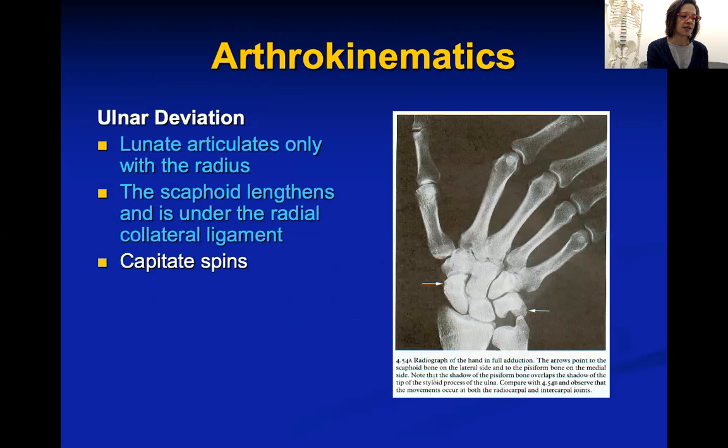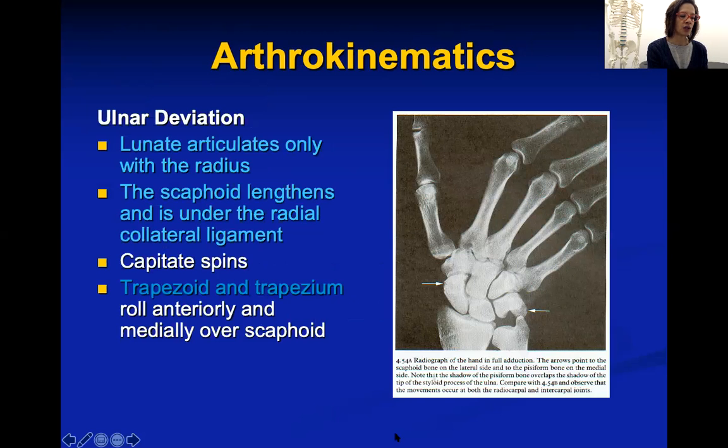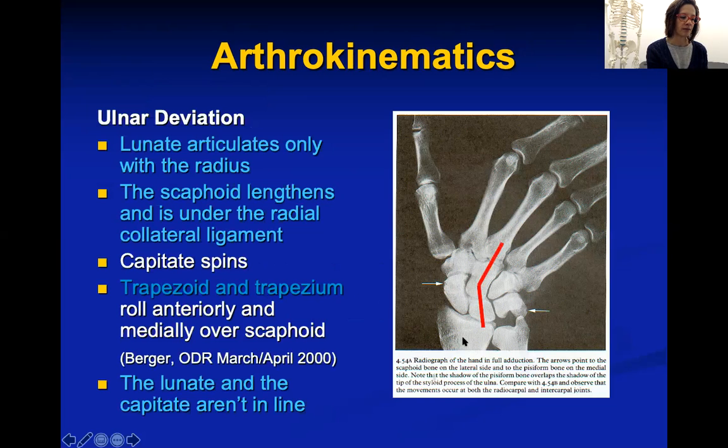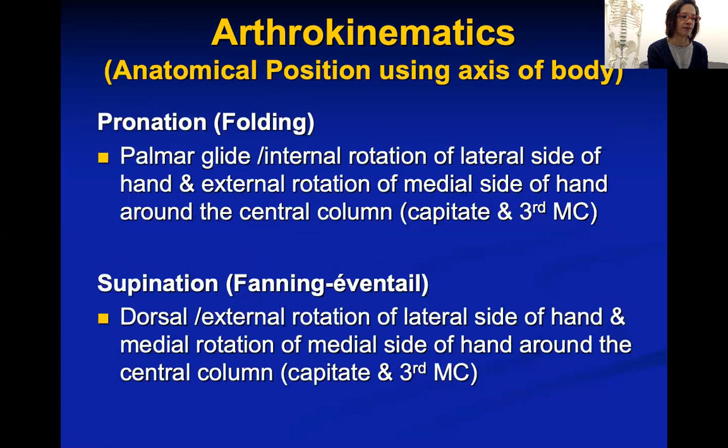Again, here we see this in ulnar deviation. The lunate now only articulates with the radius, and it looks like the scaphoid is taller, but really we can just see it more exposed in radiographic imaging. The lunate and the capitate are now not lined up in ulnar deviation.